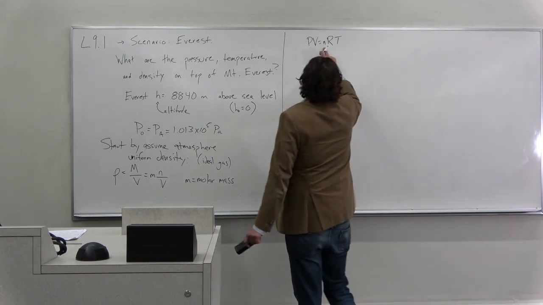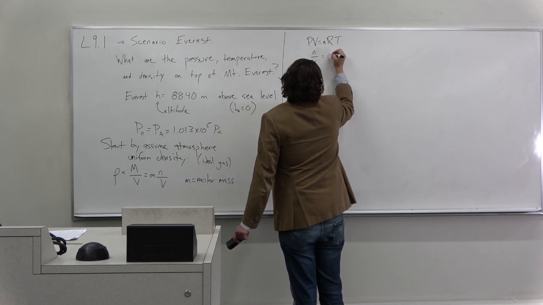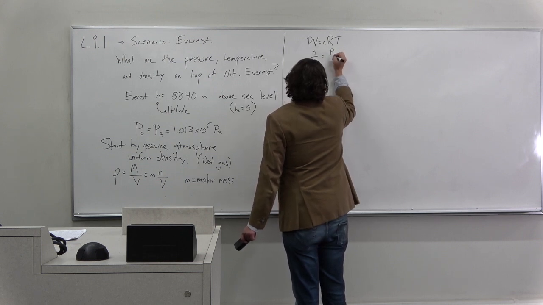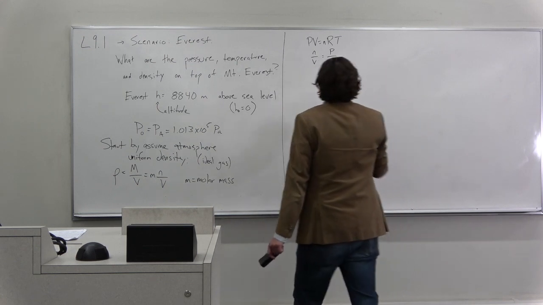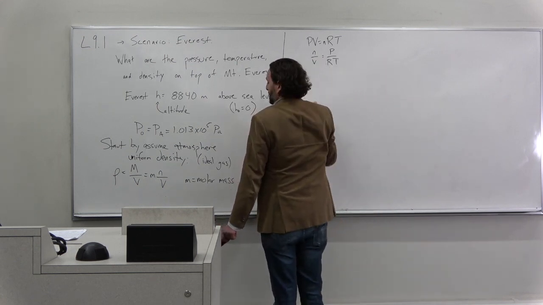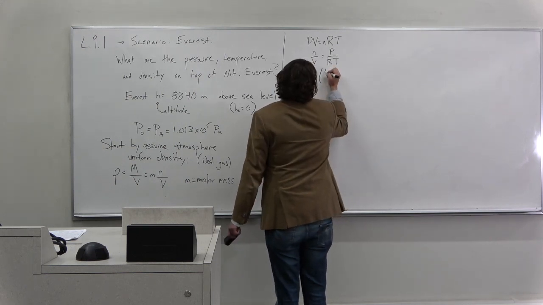And we can rewrite n over V as P over RT, right? So our density is going to be our molar mass, little m, times P over RT.